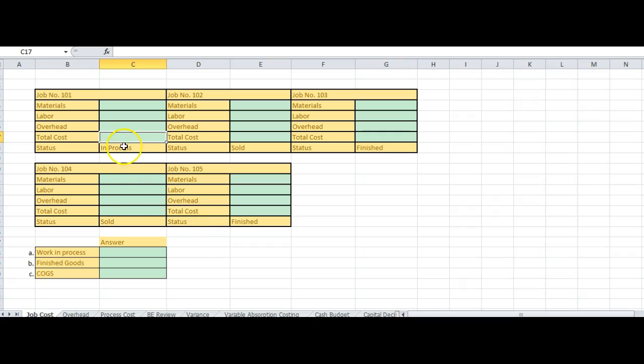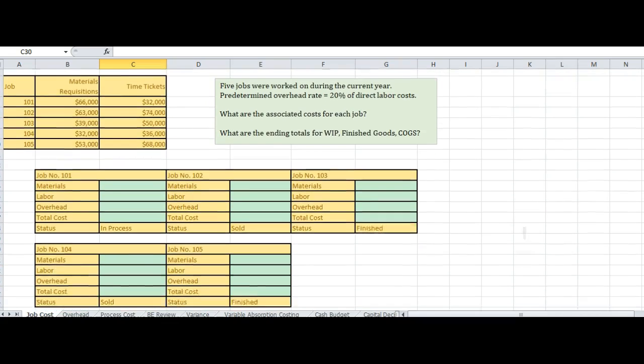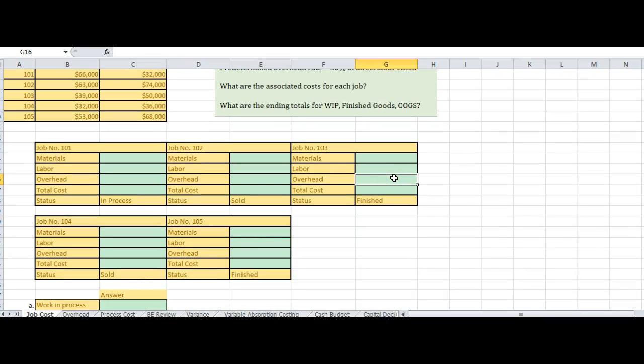And if you'll notice at the bottom, it says in process, sold, and finished. That's going to come into play here, where we ask you how much is in work in process, what's the full amount, how much is in finished goods, and what was cost of goods sold. And you'll do that by plugging in all these numbers and adding this up.